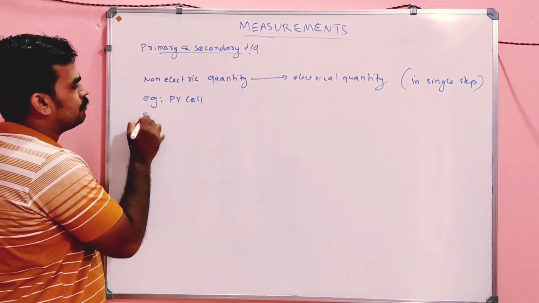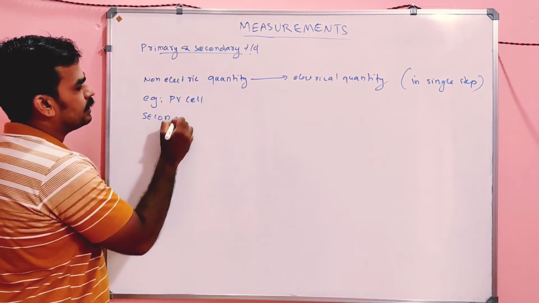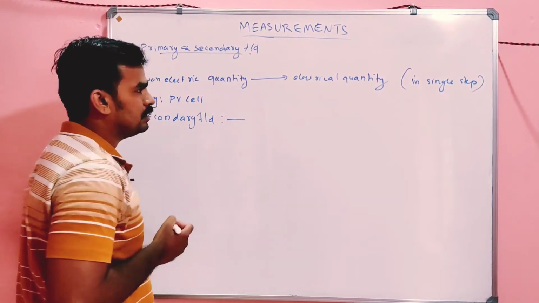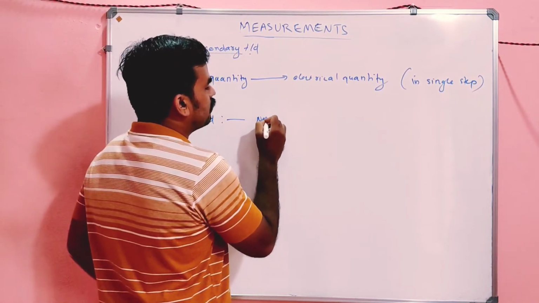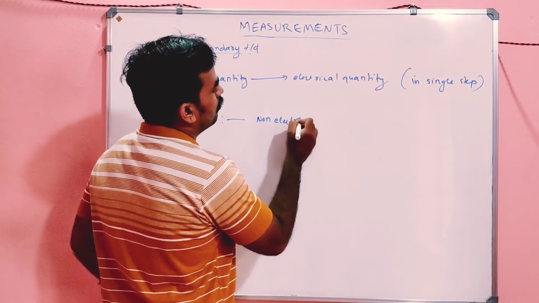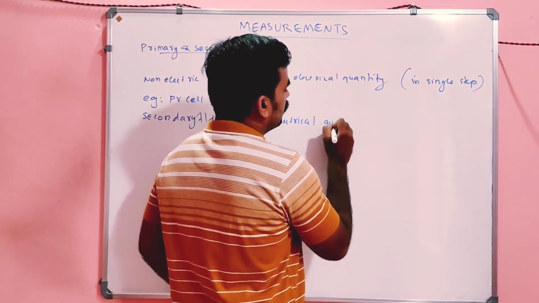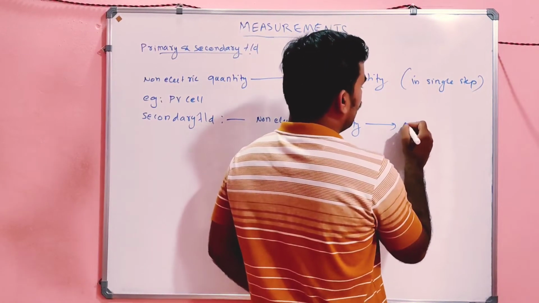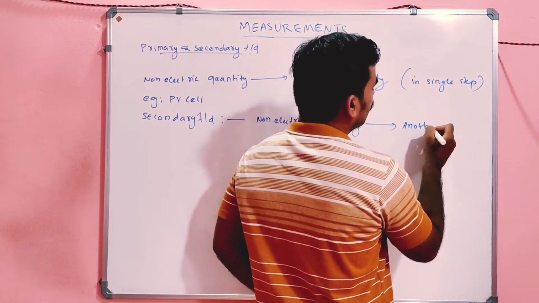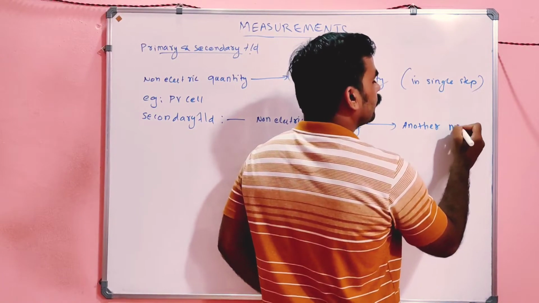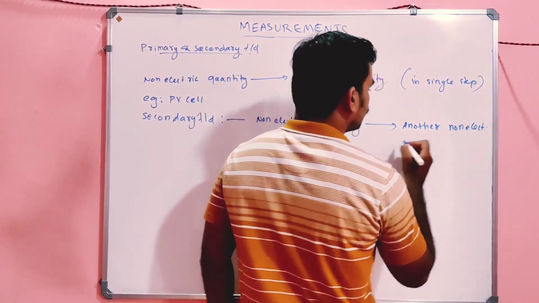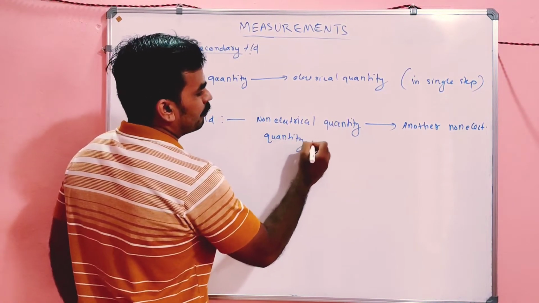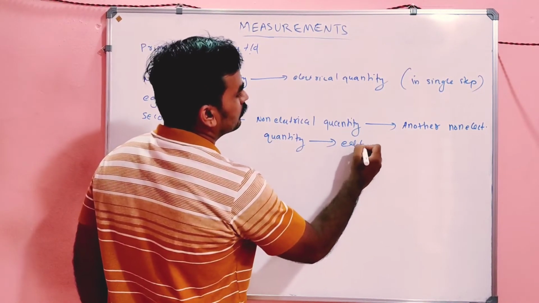But secondary transducer means non-electrical quantity is first converted into another non-electrical quantity, then electrical quantity.